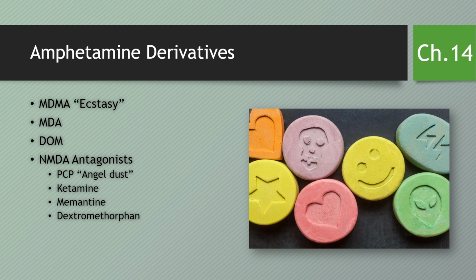In larger doses, it can induce a complete loss of self. You may have heard of the term K-hole. This is the idea of basically falling into a psychological black hole of perception and awareness. And then, of course, we have some other examples here like memantine and dextrorphan, other examples of these antagonists that work to block the effect of NMDA.